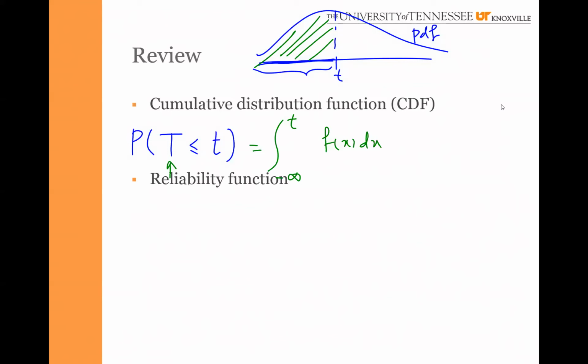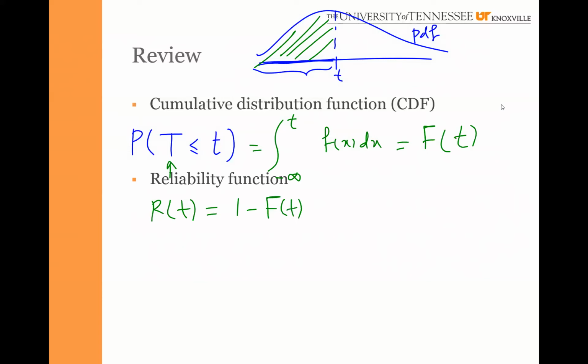Okay. So then what is the reliability function? One minus, and by the way, we show this with capital F at time t. So if I'm interested in reliability at t, it's 1 minus F of t.